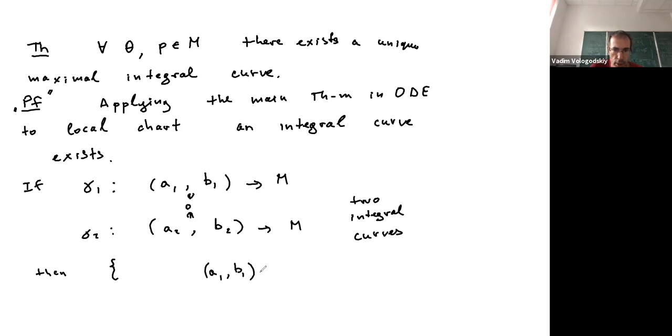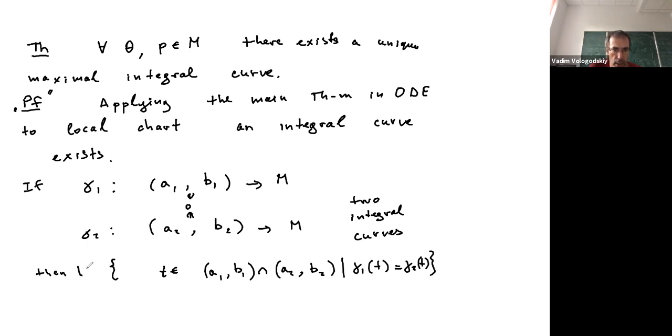On the intersection, you have two maps, gamma 1 and gamma 2 to M, and you can look at the points where gamma 1 of t is equal to gamma 2 of t.